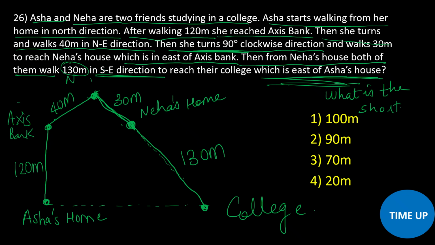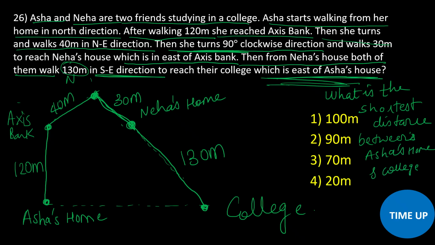Okay, what is the shortest distance between Asha's home and college? This is your question. What is the shortest distance between Asha's home and college? So how you will do it?